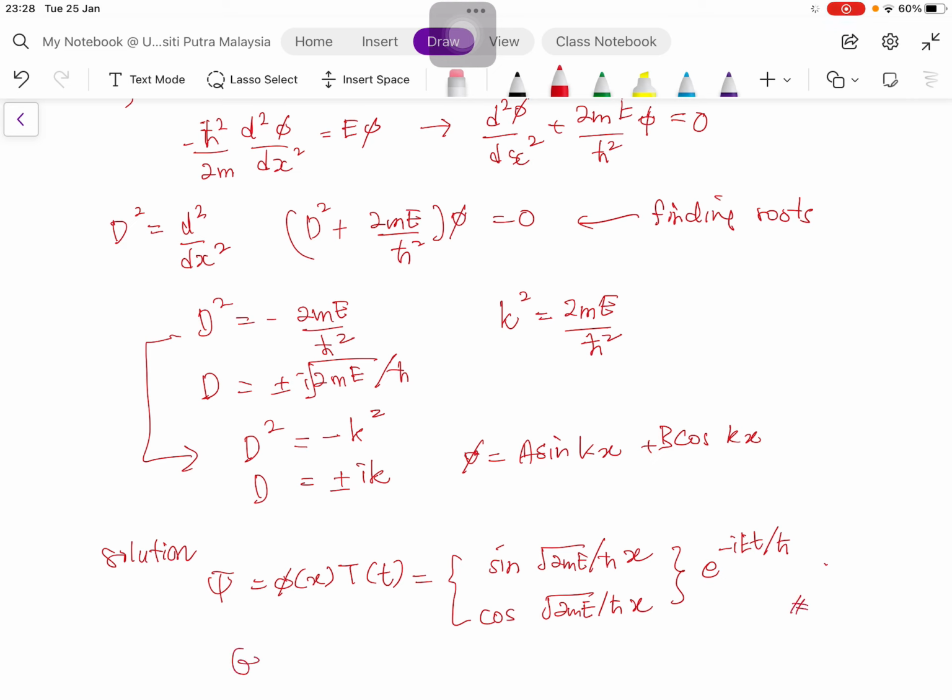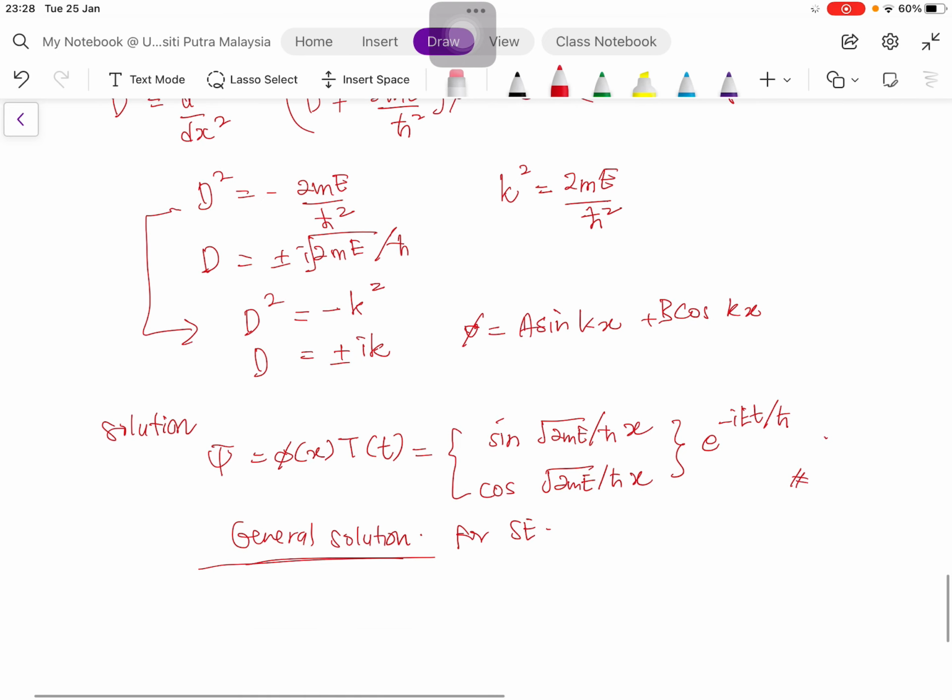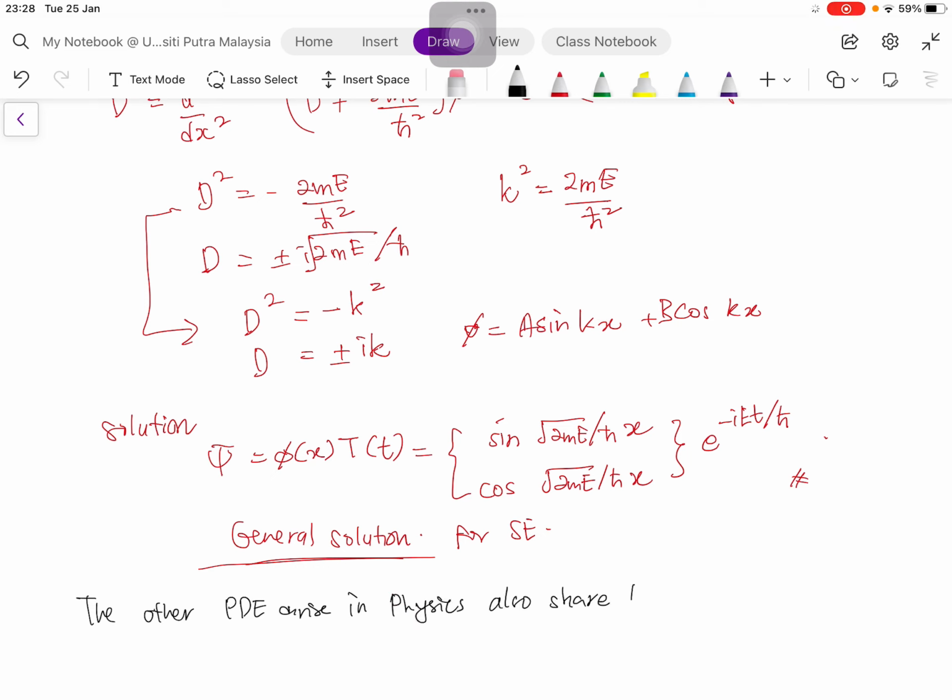This will be your general solution for the Schrodinger equation. The rest is also the same. The other PDEs that arise in physics also share the same concept.